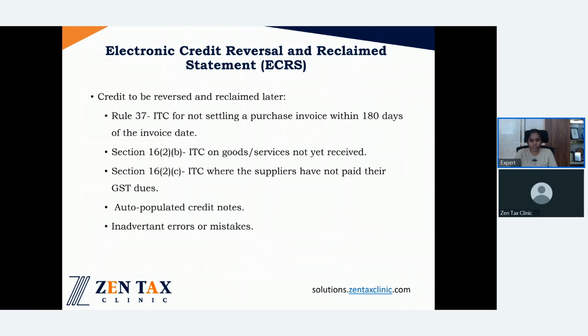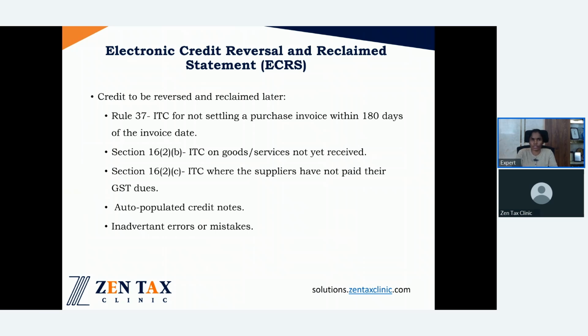And as we already spoke about Section 16 subsection 2, the conditions for claiming ITC, the recipient should have received the goods or services. It should not be that they have only the invoice or the document. They should also have the goods or services, and the supplier should have paid tax on such goods or services to the government.